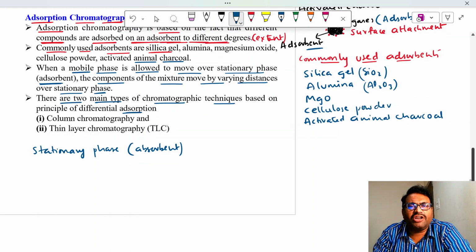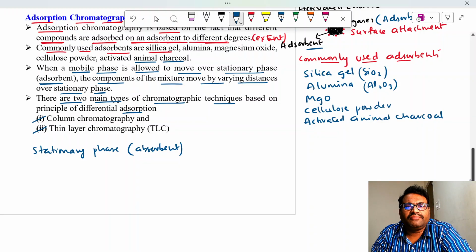What are those? One is column chromatography, another is thin layer chromatography.